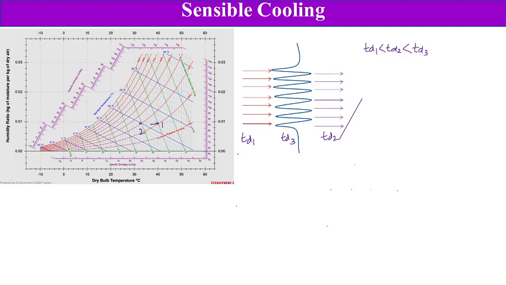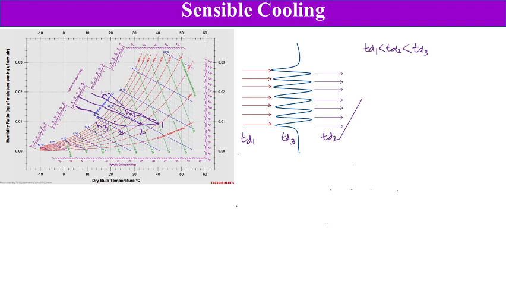So this process 1 to 2 can be shown, whereas corresponding to 2 you can get the enthalpy H2, and corresponding to point 1 we can get enthalpy H1, and if we move this point somewhere 3, the enthalpy X3 can be obtained here.